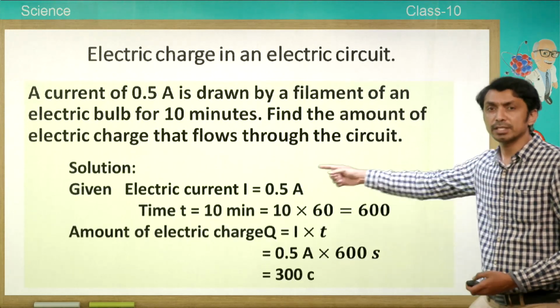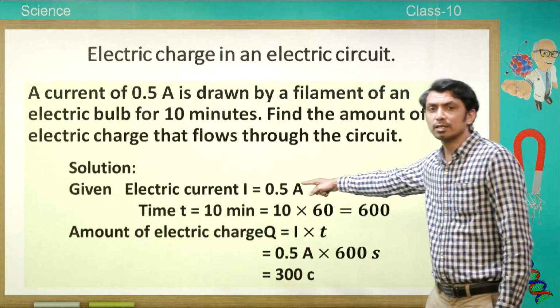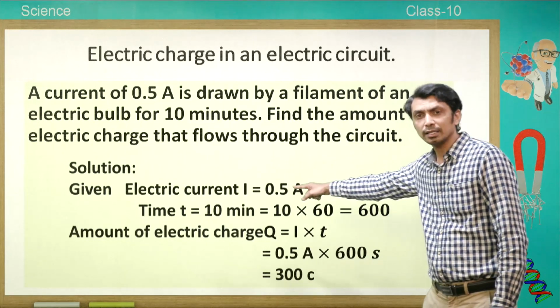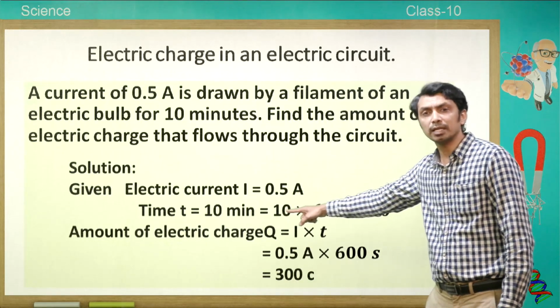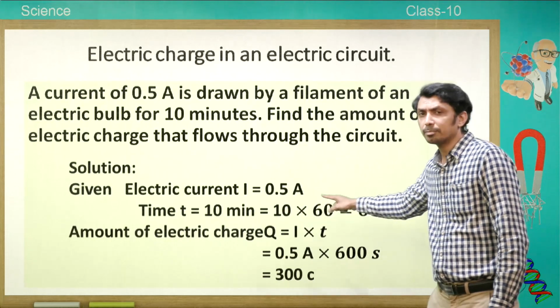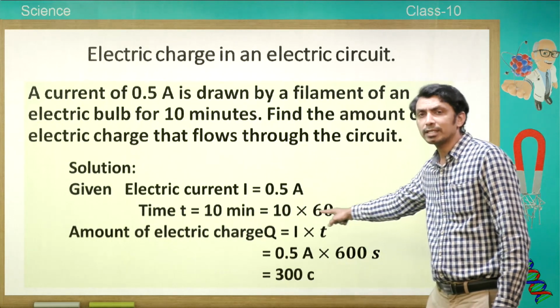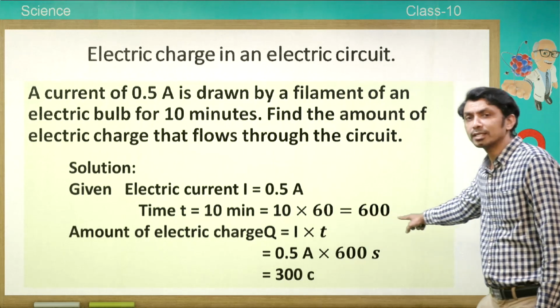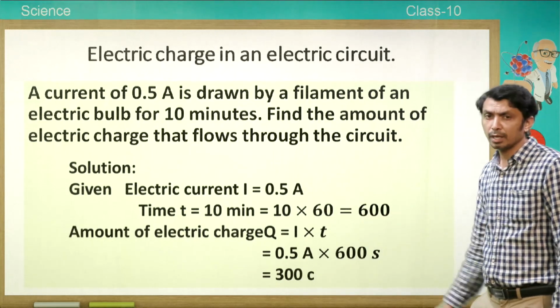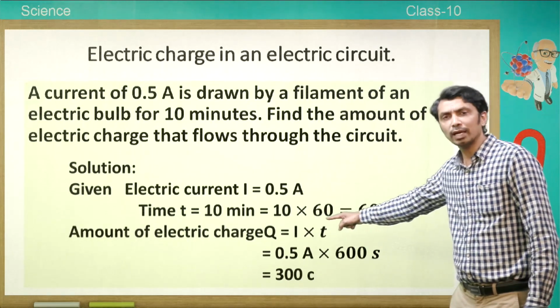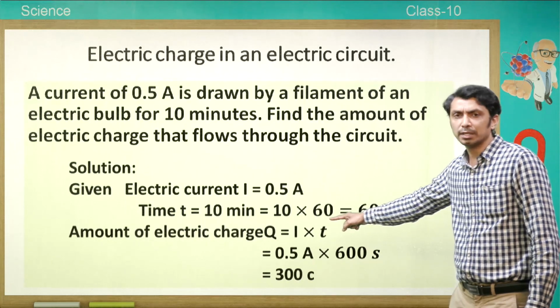As you can see, the electric current I is 0.5 ampere and the time is 10 minutes. Now if we convert the minutes into seconds, 1 minute is 60 seconds, so we get 600 seconds. I we have and T we know here.